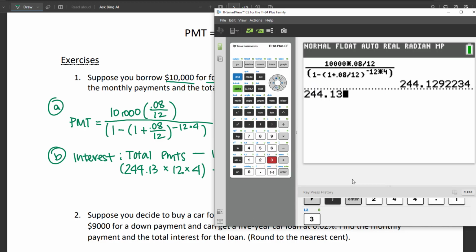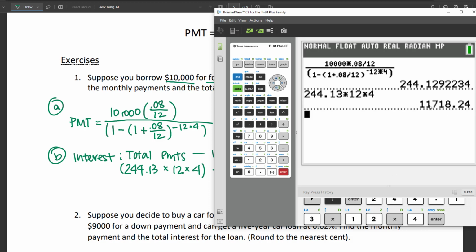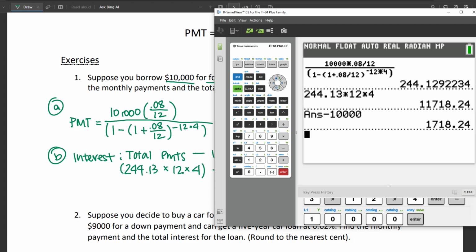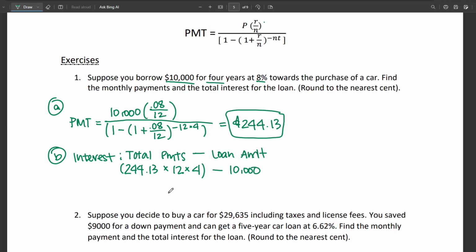We pay $244.13 every month, 12 months in a year, and we do that for 4 years. So we end up paying $11,718.24. And we subtract the 10,000. So the interest paid on this car is $1,718. So this is what the bank made off of us.